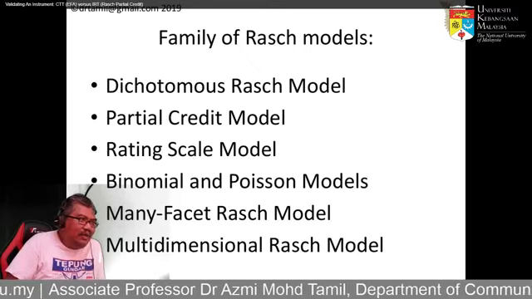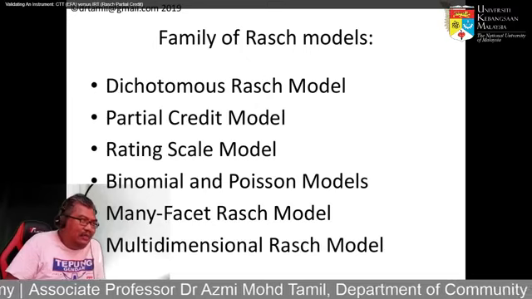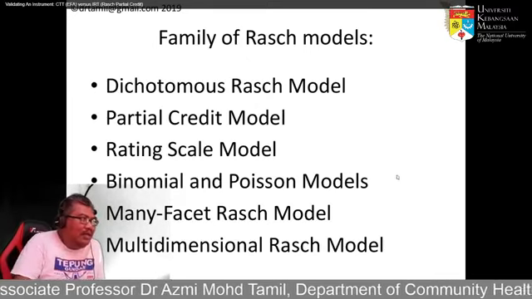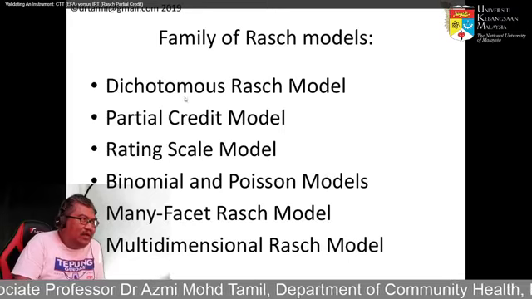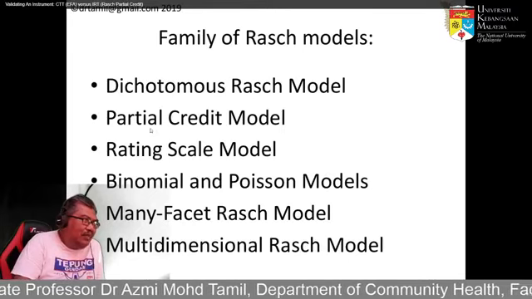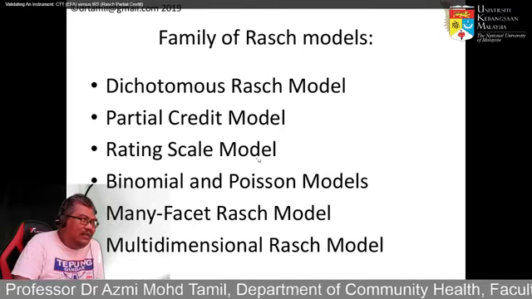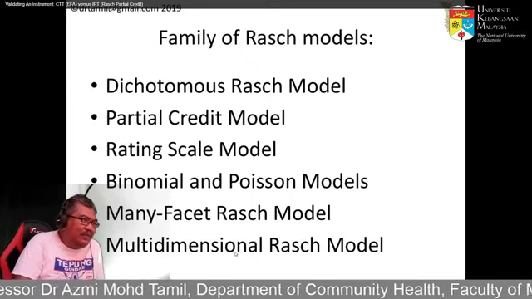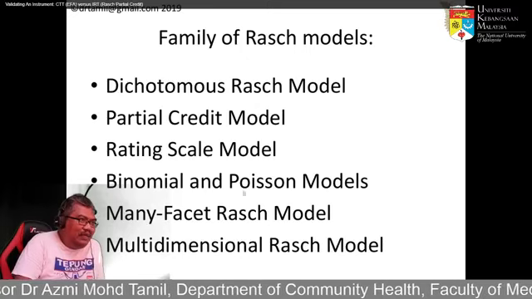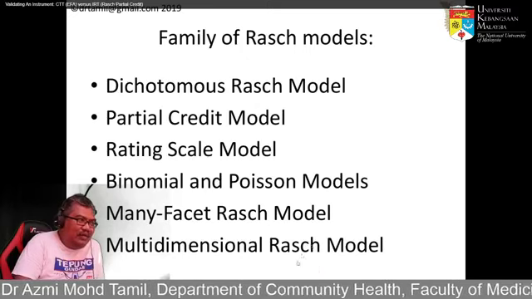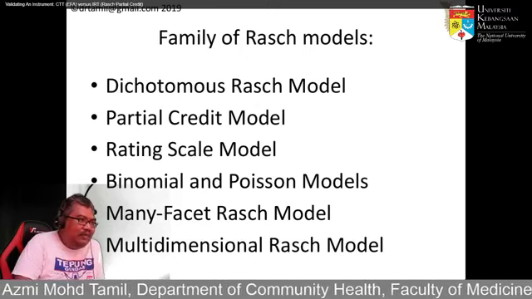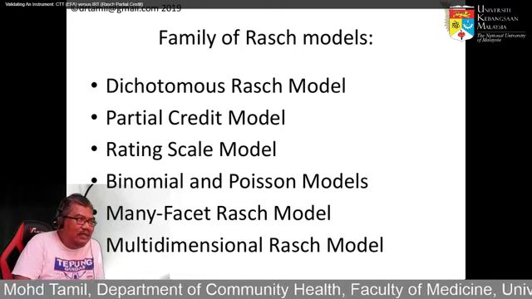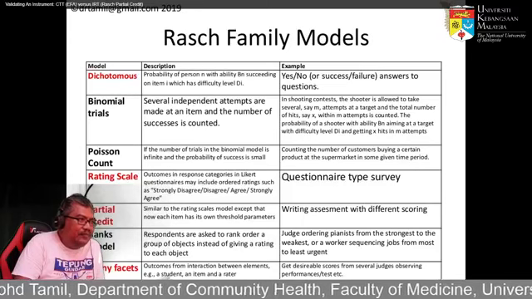Okay. Then we have binomial and Poisson models, the many-facet Rasch model, and the multidimensional Rasch model. The ones that I'm familiar with are only the dichotomous Rasch model, partial credit model, rating scale model, many-facet Rasch model, and multidimensional Rasch model. For the binomial and Poisson models, I'm not that familiar. Okay, but anyway, I'm going to cover only the partial credit model for today.